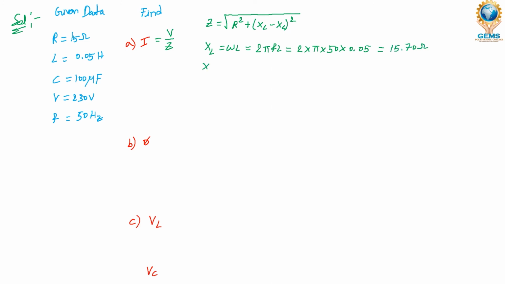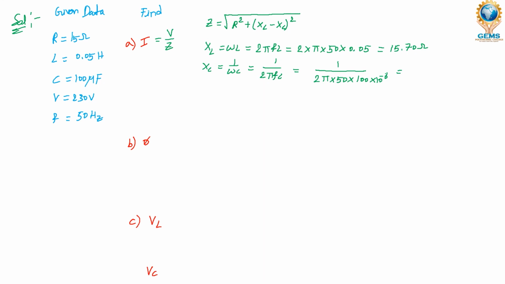Next XC equals 1 by omega C, that is 1 by 2 pi fC, 1 by 2 pi into 50 into capacitance 100 microfarad, micro meaning 10 to the power minus 6.